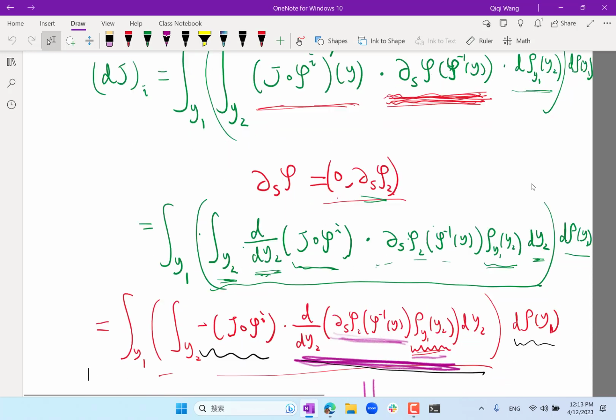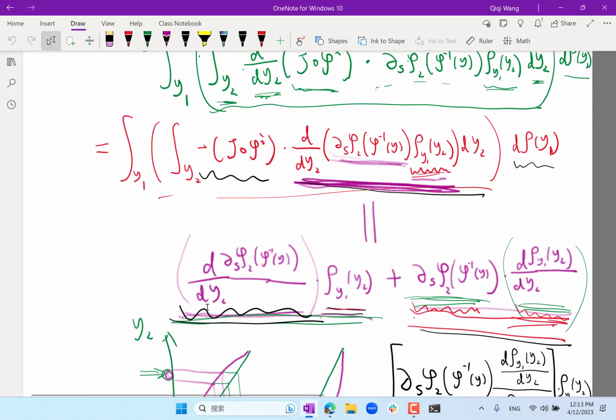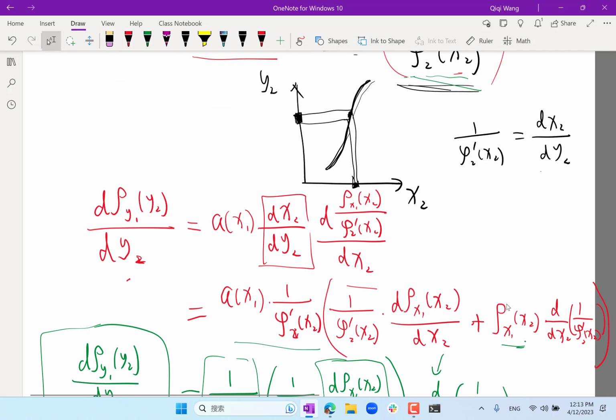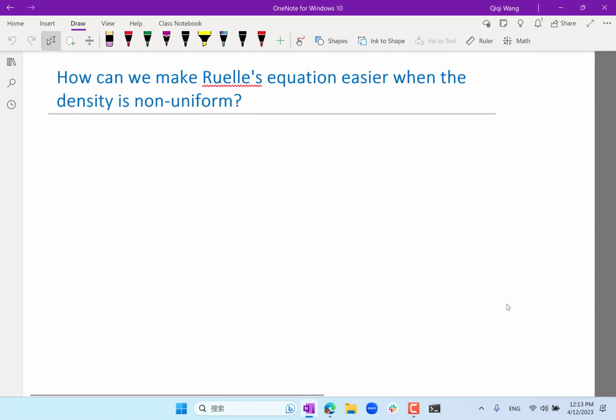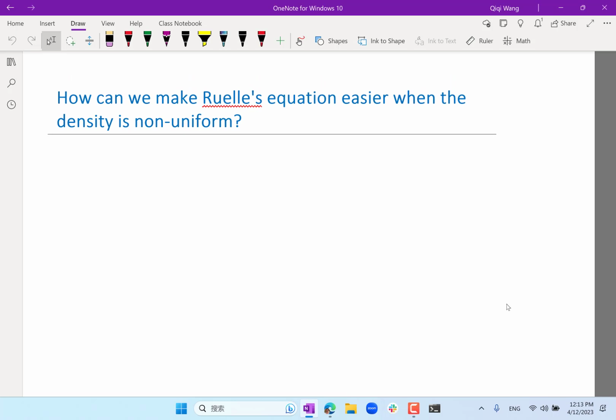After integration by parts, we got 2 terms. One term is consistent with what we had on Monday when the density is uniform. The other term involves the fractional density gradient. And we also figured out a way to compute the fractional density gradient. So next, we are ready to make Rao's equation easier by plugging in the fractional density gradient.